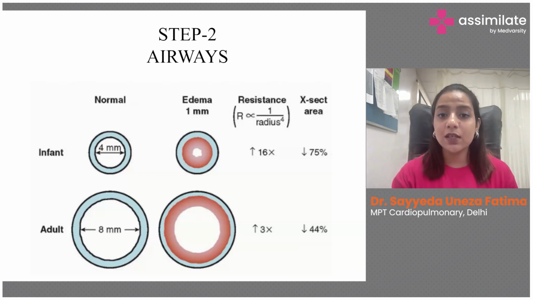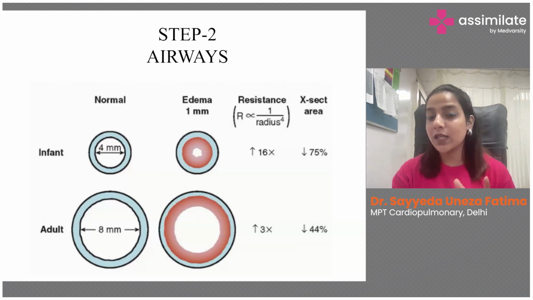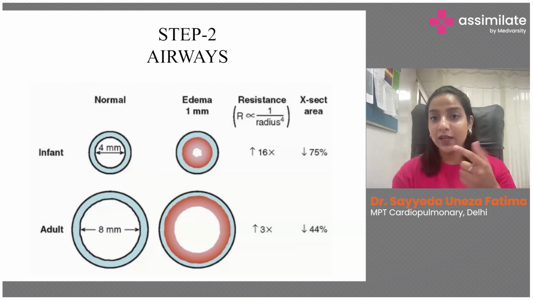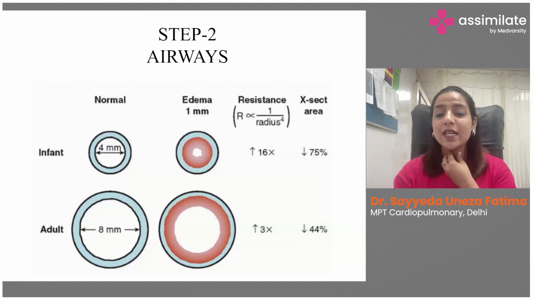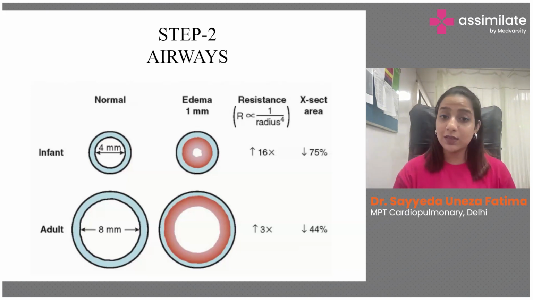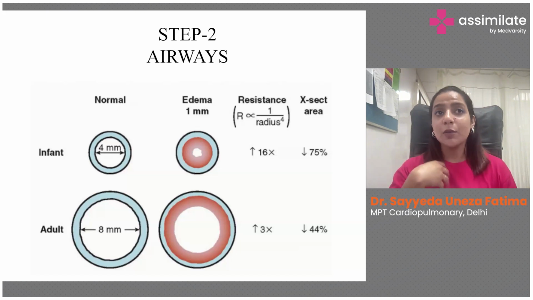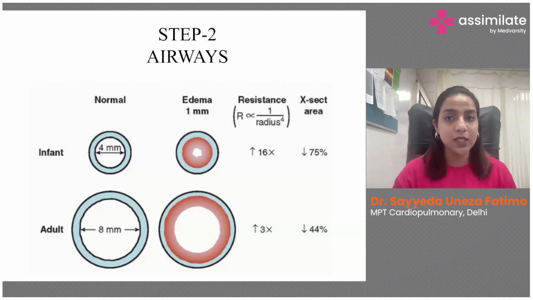As you can see here, the resistance given to the air by the airway increases 4 folds when there is 1 mm reduction in the radius of the airway. So that's how it is important. The more the resistance increases, the more difficulty the patient will have in order to breathe. All right.